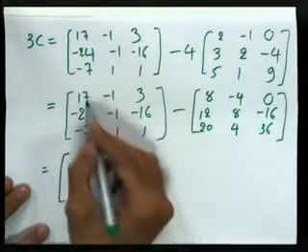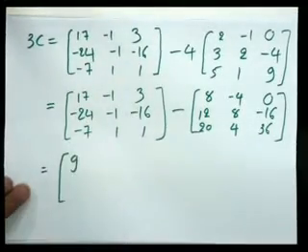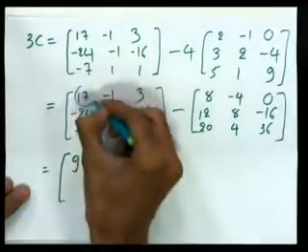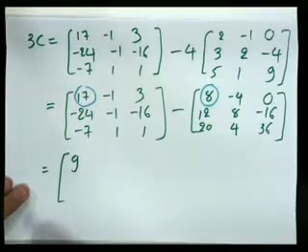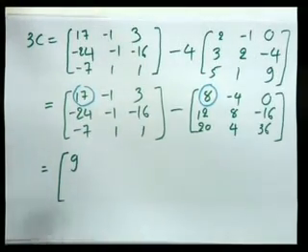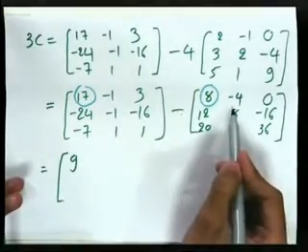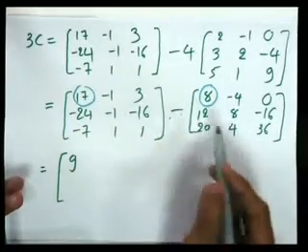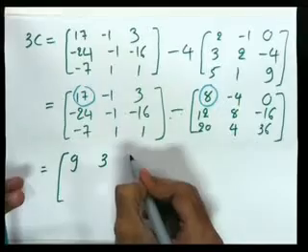So 17 and 8 are corresponding elements, and 17 minus 8 is equal to 9. In the same way, minus 1 minus minus 4 is minus 1 plus 4, which is equal to 3. 3 minus 0 is equal to 3.